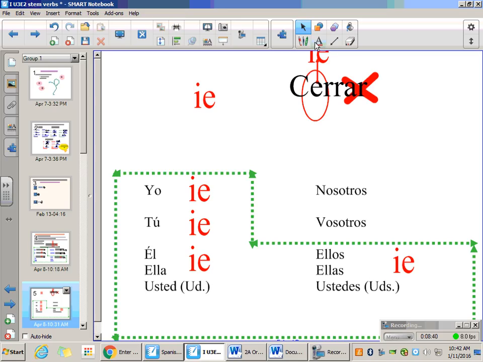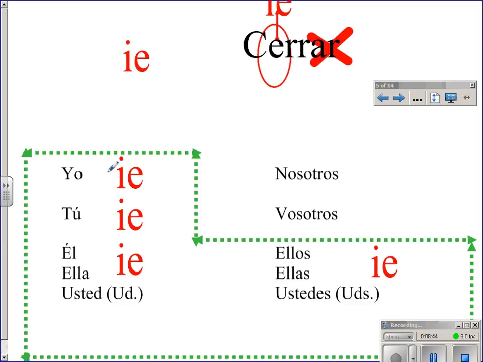Then I can start conjugating my verb. So I get C before the IE and then my double R. So I'm just going to go ahead and place the rest of my stem in each of these forms. So cier, basically. I'm going to put that in for each one here.